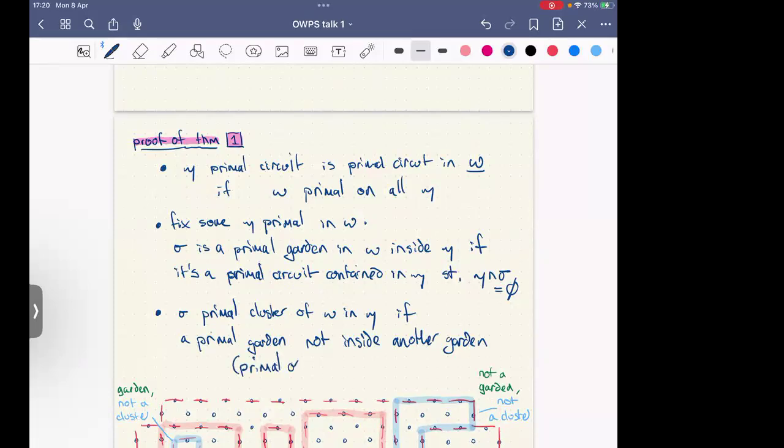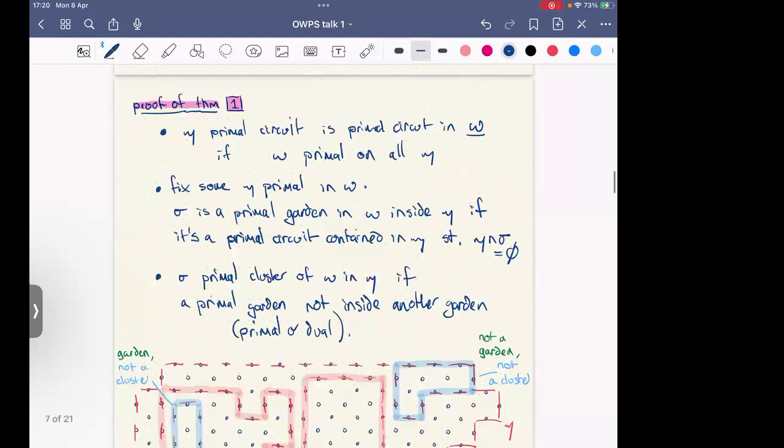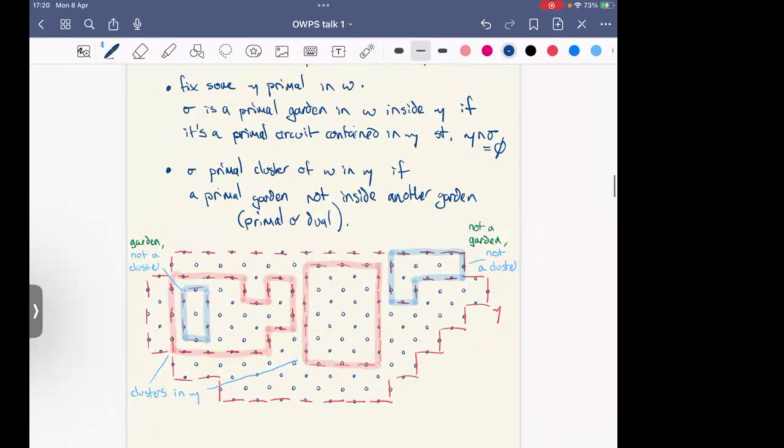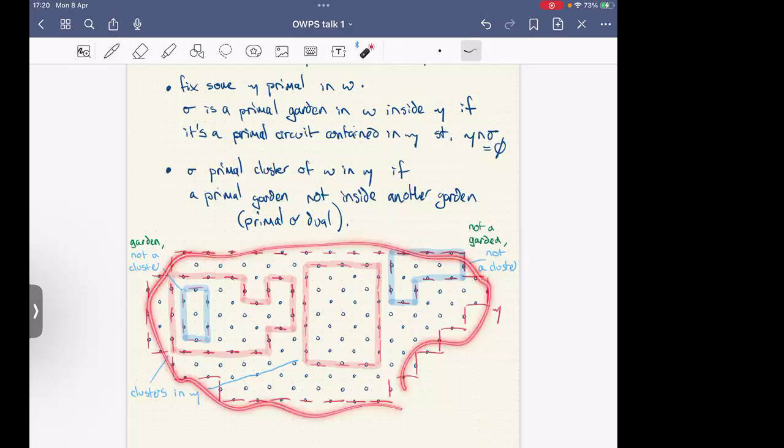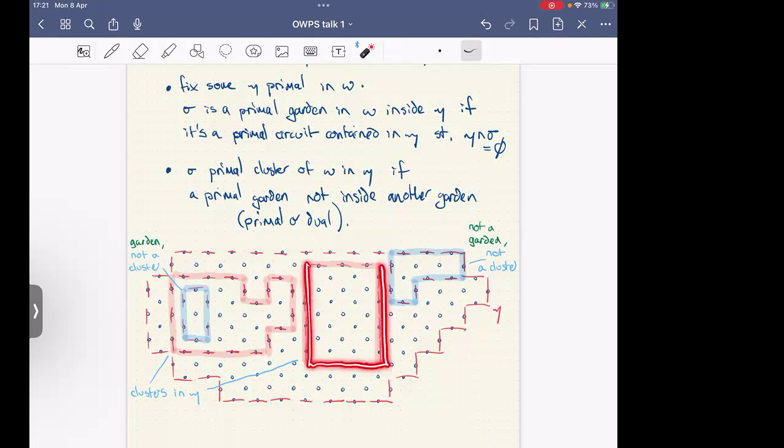Okay, so here's a nice picture. Here's my gamma around the edge in red. And then I have some mirror configuration inside. Okay, so here is a garden.